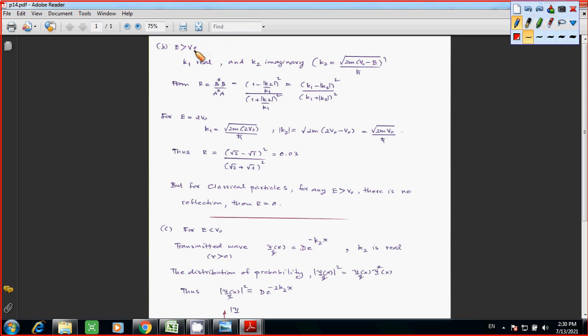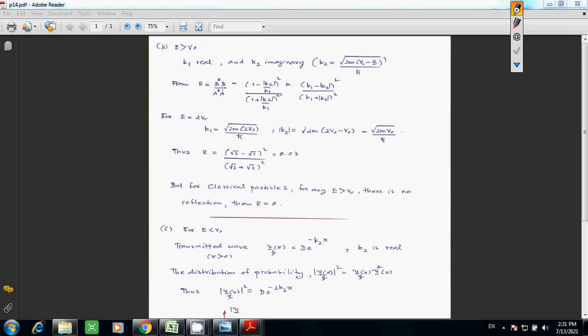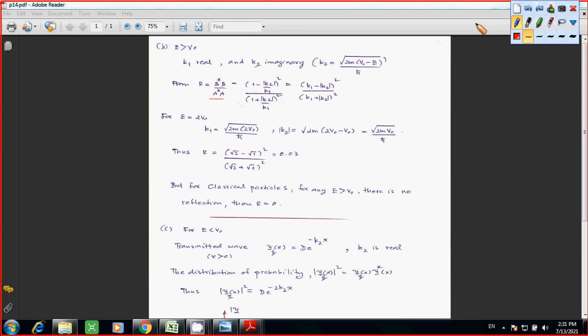Now for E greater than V0, that's going to be different. You see that now K2 turned out to be imaginary because your V2 is less than E. So for the reflection coefficient, you have 1 minus the magnitude of K2 over K1 squared, over 1 plus the magnitude of K2 over K1 squared.